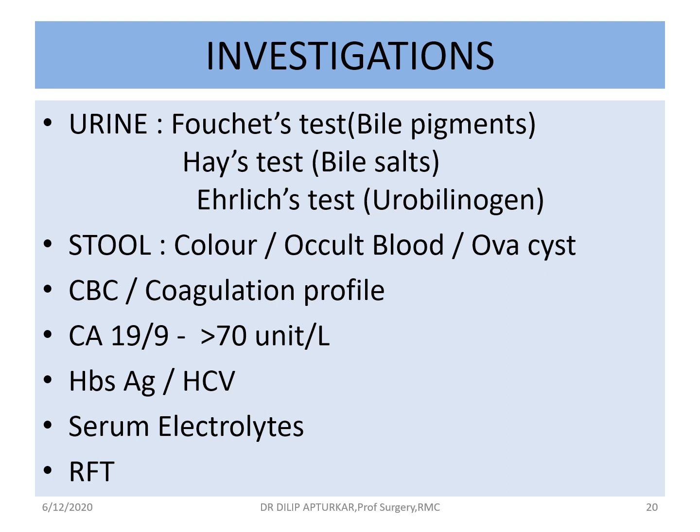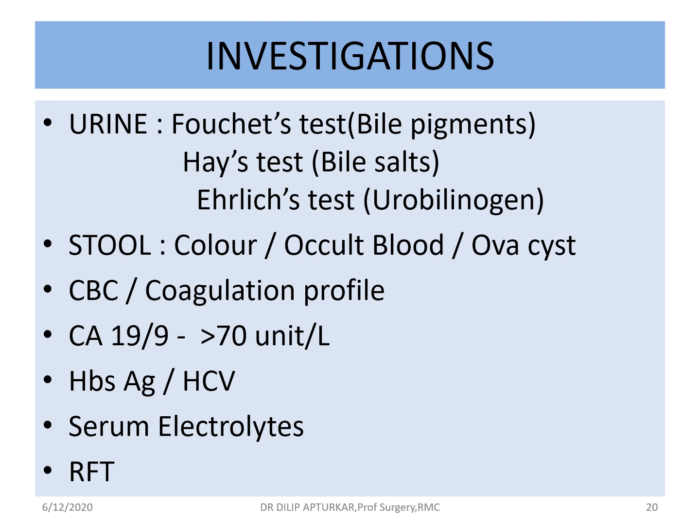Now, how to proceed for investigation in case of jaundice. If you rule out the medical causes, you can focus on the surgical causes. So, mainly we have to differentiate surgical jaundice from medical jaundice. Simple urine test for bile salt and bile pigment, that is Fouchet's test, Hay's test, will be positive in case of obstructive jaundice.